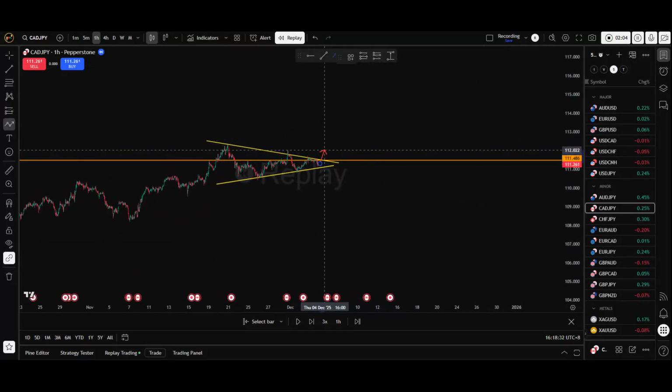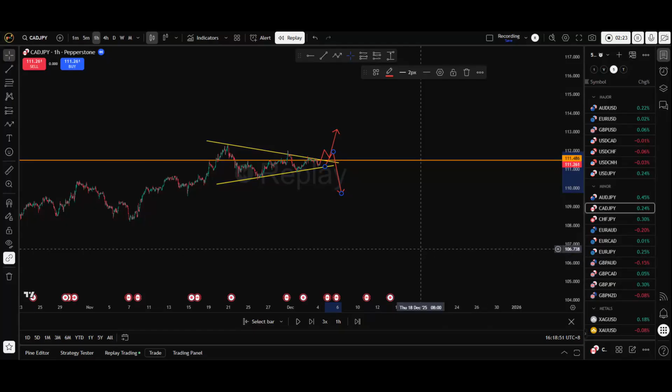Either there's a break and retest and continuation, or there's some kind of a fake out going back into the range. There's always two things that can happen when we hit these critical areas.